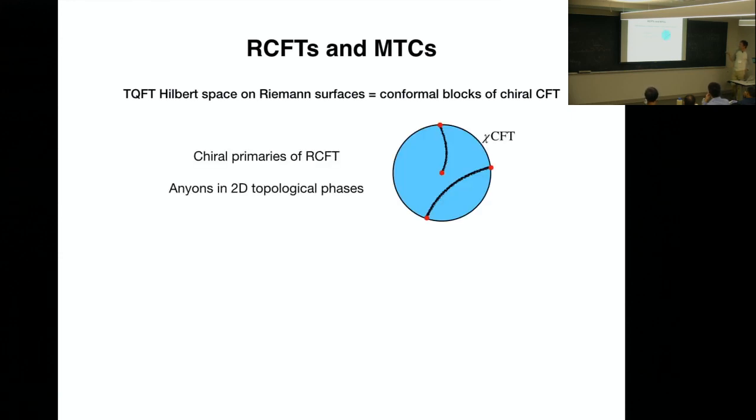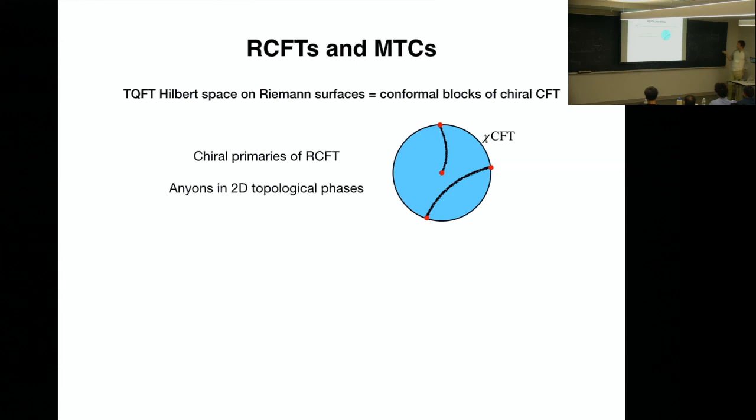For condensed matter theorists, probably a better picture is the following. Let's say we have a 2+1 chiral topological phase on a disk, and then there's an edge which has this chiral CFT running on it. So we can create a pair of quasi-particles in the bulk, these are anyons, and take one of them to the boundary, and that's the chiral primary of the rational CFT on the boundary.